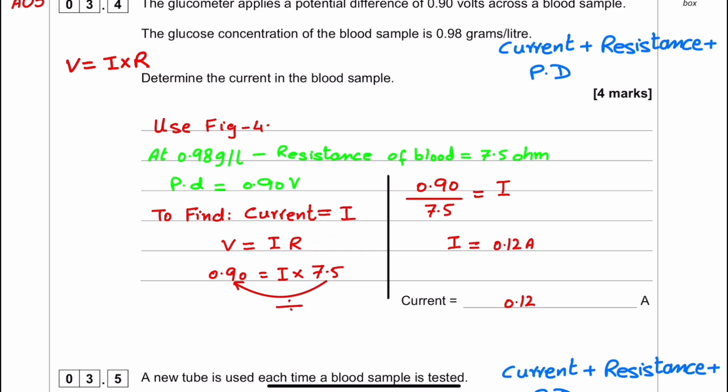First substitute the values: potential difference 0.9 and 7.5 ohm that we got from figure number 4. To make I the subject, 7.5 goes on the other side and we divide 0.9 by 7.5, and the value is 0.12 ampere. So the value of current is 0.12 ampere.